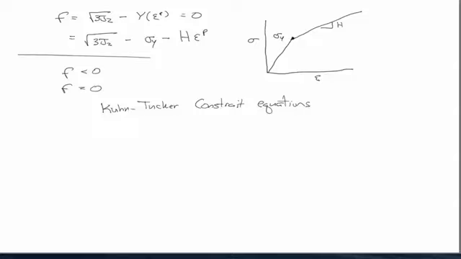If you've ever had a class in optimization, you've seen them, but basically what they are is that F is less than or equal to 0, lambda dot is greater than or equal to 0, and lambda dot F is equal to 0.